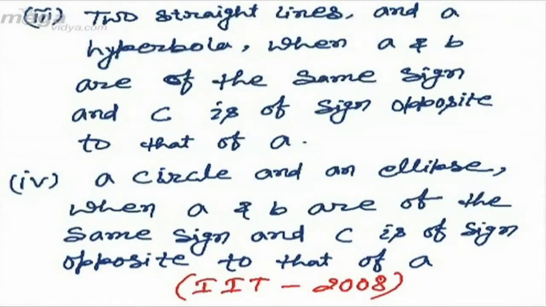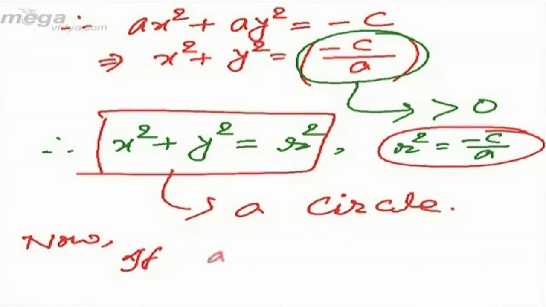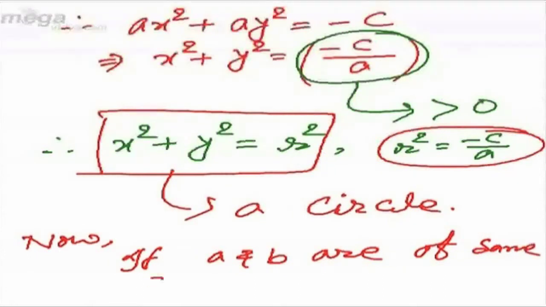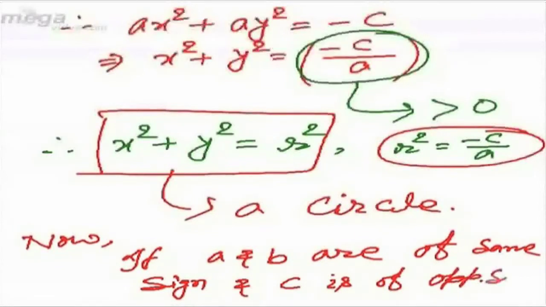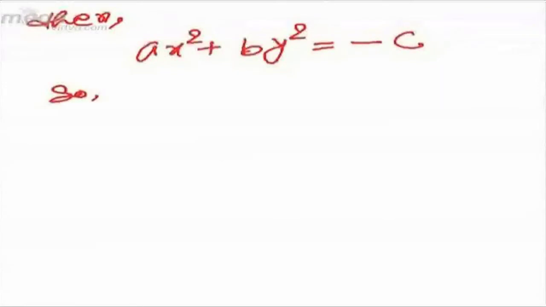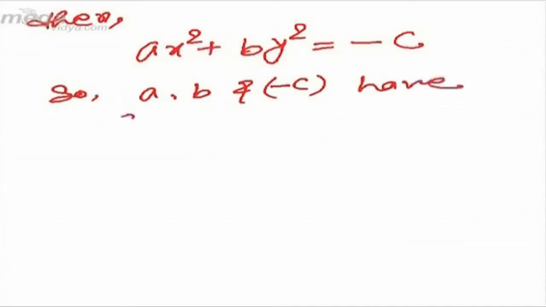So now if a and b are of same sign and c is of opposite sign, then the equation ax square plus by square plus c is equal to 0 can be written as ax square plus by square equal to minus c. Now you can write a, b and minus c have same sign. Either all of these three will be positive or all of these three will be negative.